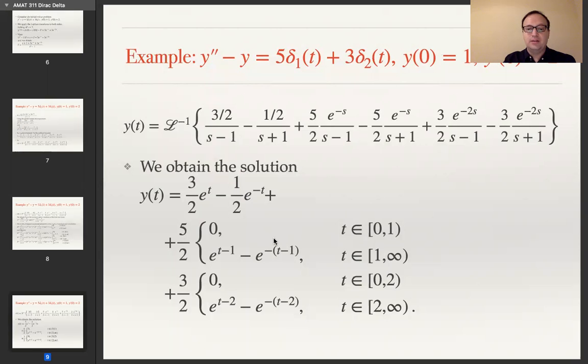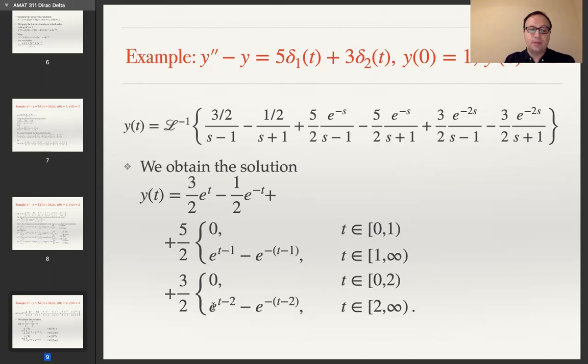Okay, so now if we want to write the function y in a more intelligible way, we should look at what it is on the intervals 0 to 1, 1 to 2, and 2 to infinity. So this function will be given by three different expressions: one on the interval 0 to 1, another between 1 and 2, and another between 2 and infinity.